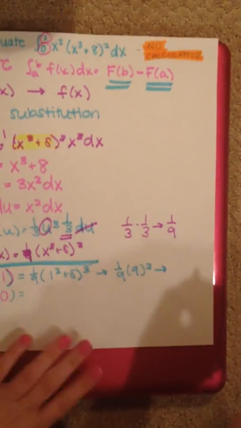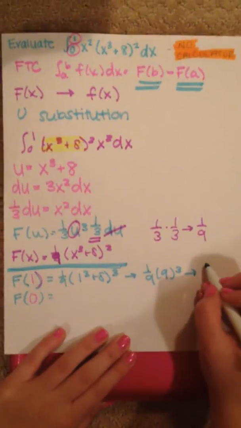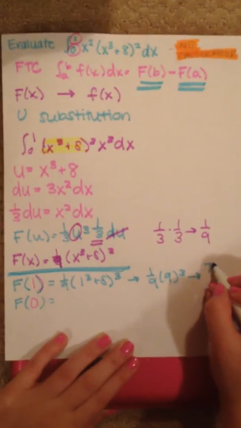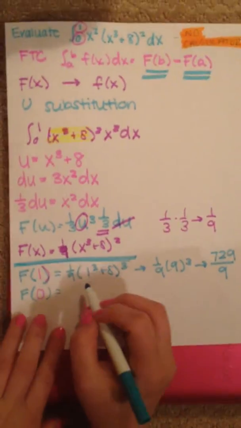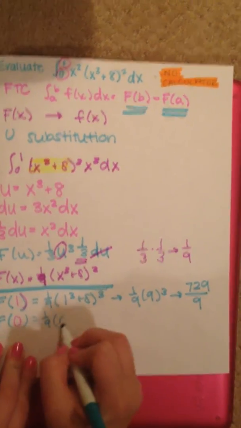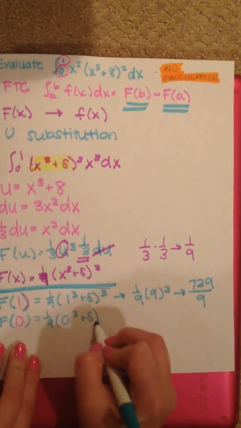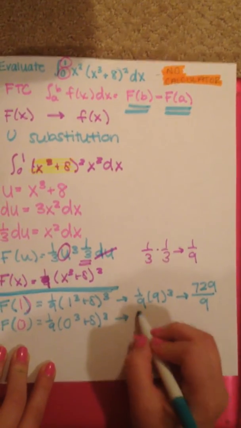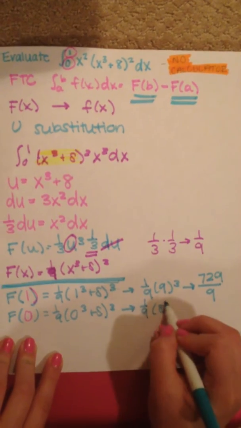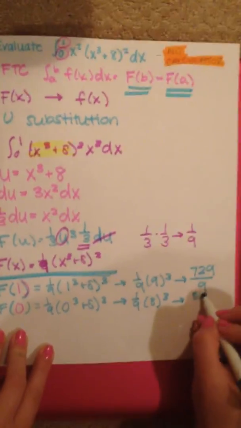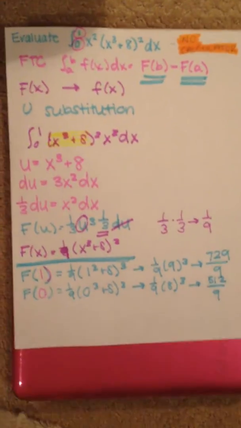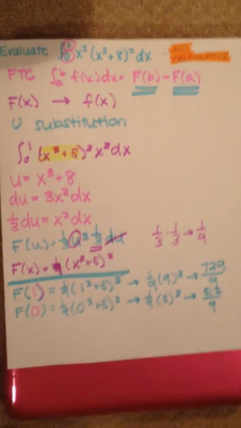And I'm going to leave it in a fraction, and you'll see later on why we do that. Over 9. And this one's going to be 1/9 times (0 cubed plus 8) cubed, which becomes 1/9 times 8 cubed, 512 over 9.